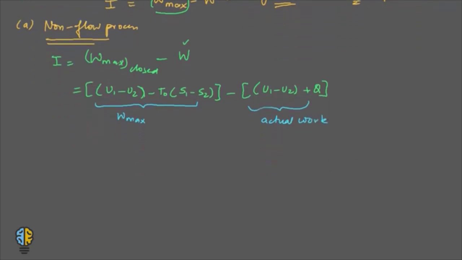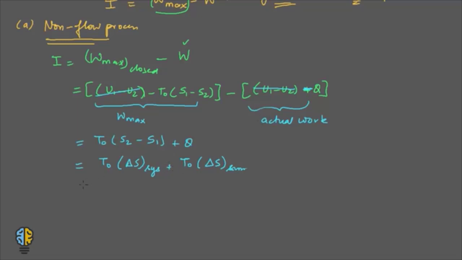Alright, so let's resolve it a bit further. I can cancel off this and this completely, and I would be left with T naught into S2 minus S1 minus Q. Alright, and if you look at this, this is T naught into delta S for the system minus T naught into delta S for the surroundings. Okay, so because now this is not plus, this would be minus, because if you apply the first law, this has to be minus, so this becomes plus.